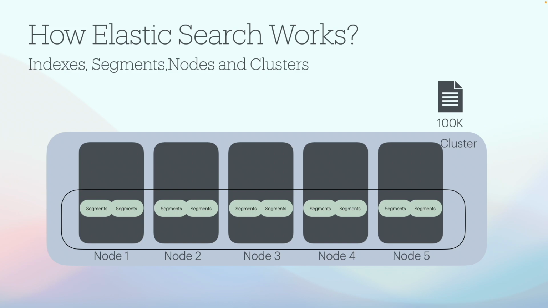But in Elasticsearch, there is a good thing. These primary segments have their replica segments, and they have these replicas in the other nodes. So for example, you have data in node 1 and you lose node 1, but there is already a replica of the segments of node 1 inside of the other nodes, nodes 2, 3, 4 and 5.